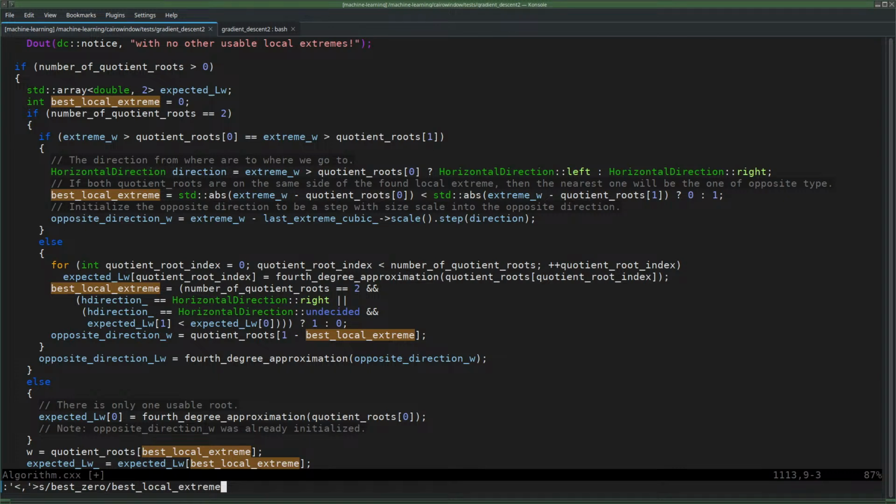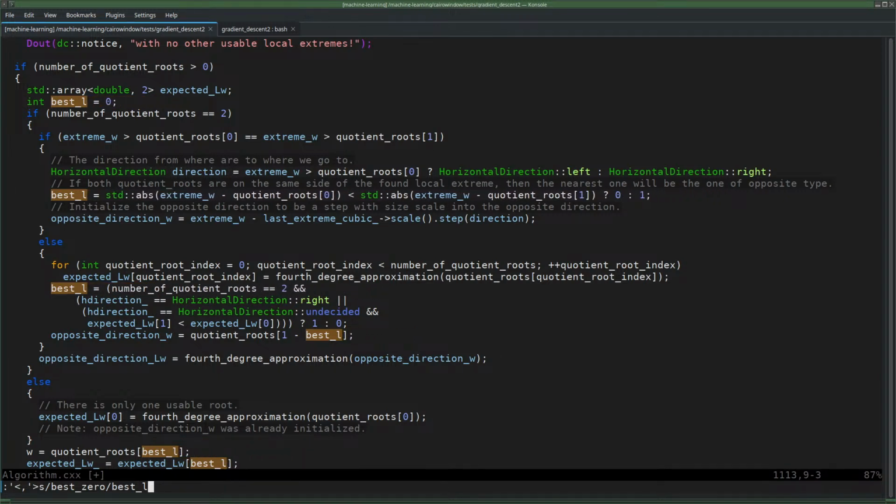Well, we're really talking about the fourth degree polynomial. I'm just going to call it extreme, really. It's local, but hello, the thing goes to infinity. Everyone knows that.